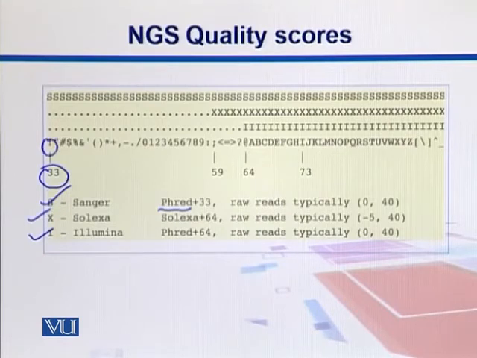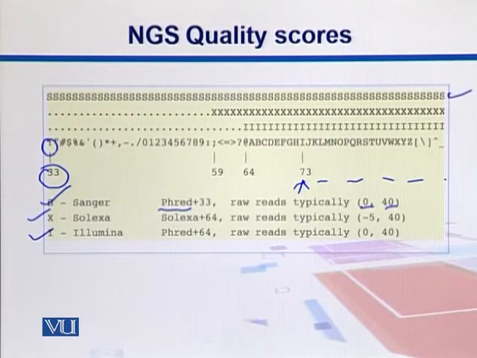They use the characters from here, and since they add 33 and typical scores are 0 to 40, they go up to here. So these characters are mostly used. The typical score is here, but obviously you can have all of them.